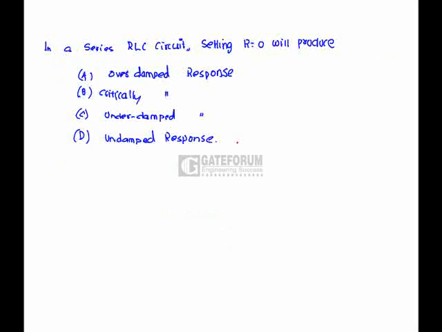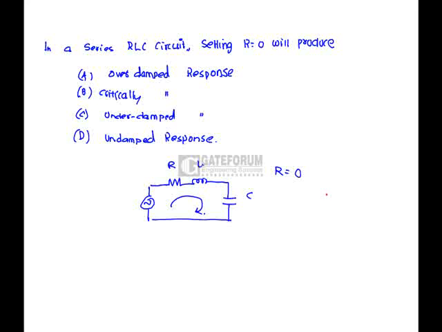Question is, in a series RLC circuit, setting R equal to 0 will produce. If we look into the series RLC circuit, if we make R equal to 0, it is kind of an LC network.